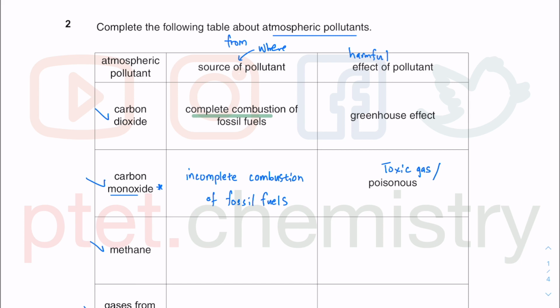Carbon dioxide is a greenhouse gas. The greenhouse effect comes from greenhouse gases. It can cause global warming. Global in this sense means around the world. Warming means the temperature of the earth increases. It's getting hotter and hotter every year as a result of the greenhouse effect due to these greenhouse gases, carbon dioxide.